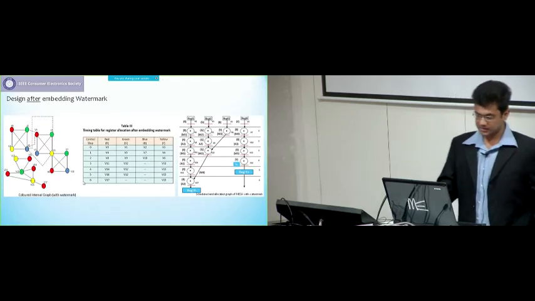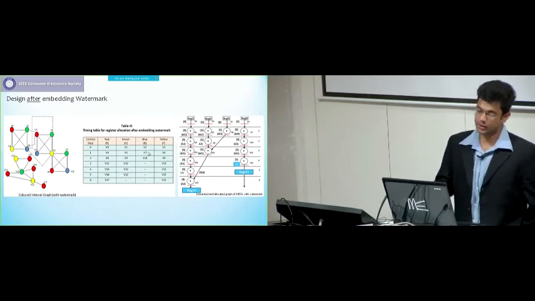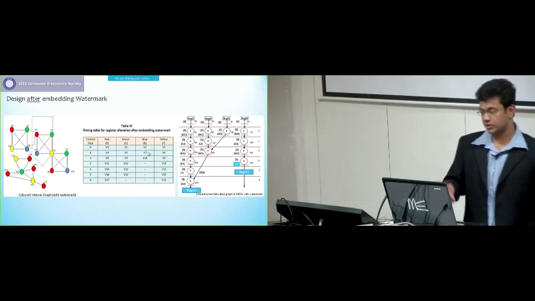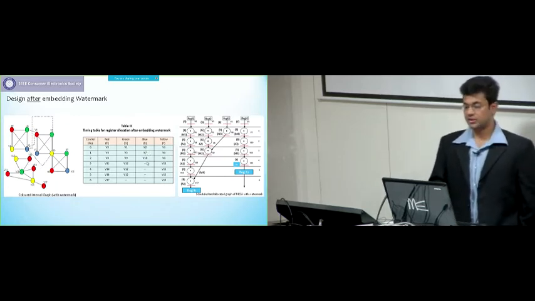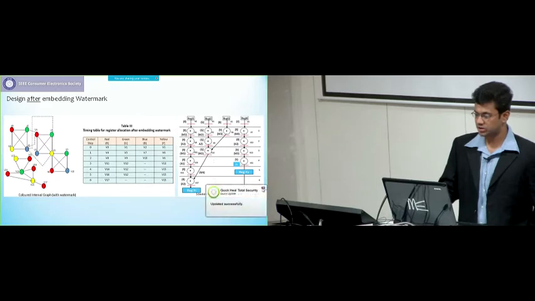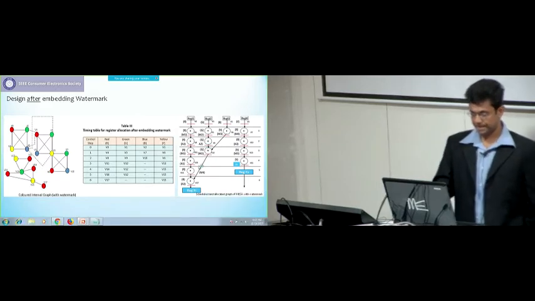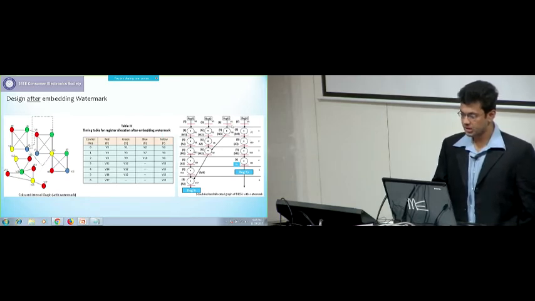This is the modified table where you see that V6, which was earlier allocated to register blue, is now allocated to register yellow, and the storage variables V7 and V10 are now allocated to the new register, which is blue. The corresponding colored interval graph is shown on the left, and the corresponding scheduling diagram is shown on the right, where you could see that V2 and V7 are now allocated to blue registers instead of the yellow register earlier.